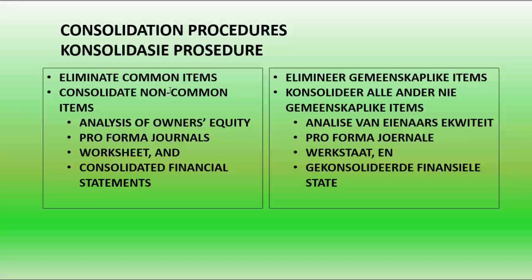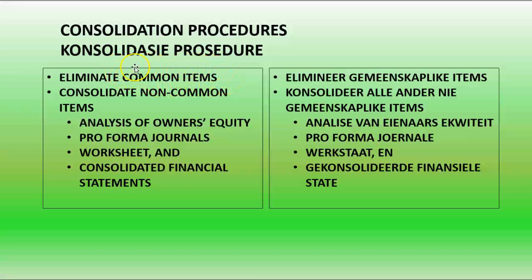In S Limited's set of financial statements under equity, you will have issued share capital, 100,000 Rand. Who is holding that share capital? P does. So therefore, that 100,000 Rand investment must be taken out of P Limited's books, and the 100,000 Rand equity lying in S Limited must also be eliminated because it's a common item.